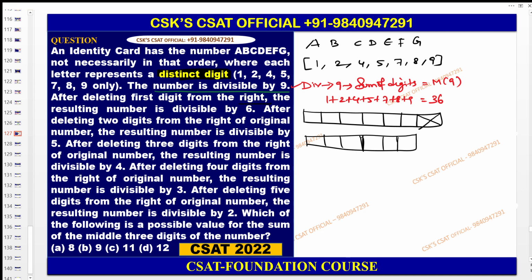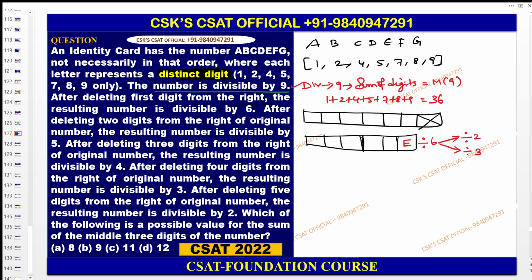Fine. Now after leaving that box, the statement provided here is that this is divisible by 6. Now in your divisibility concept, you learned that in order to be divisible by 6, it has to satisfy two things. It is divisible by 2 as well as divisible by 3. Now in order to be divisible by 2, obviously the unit place has to be even.